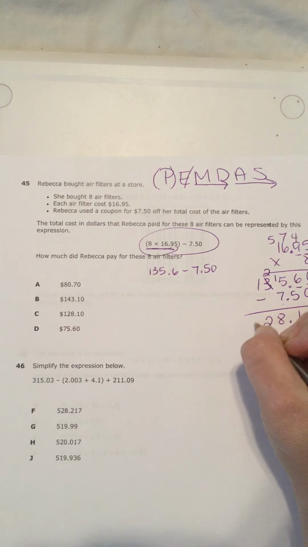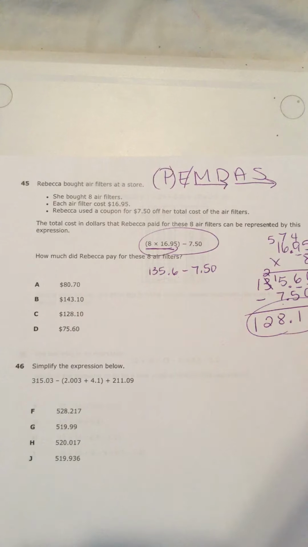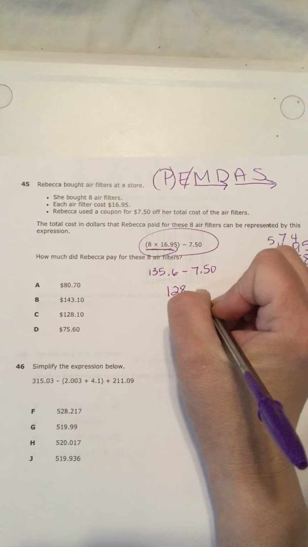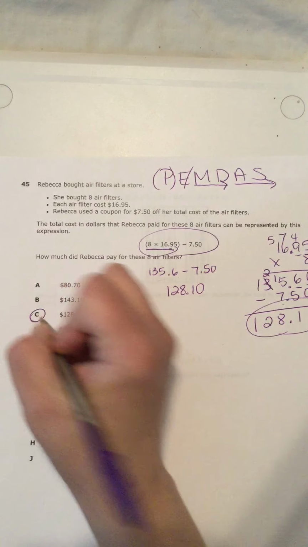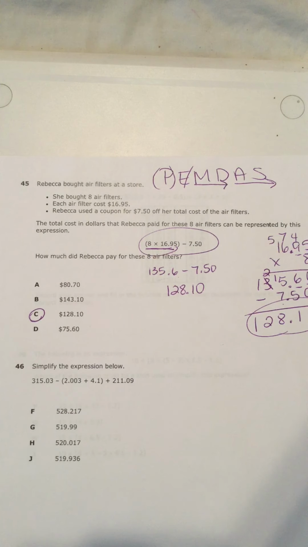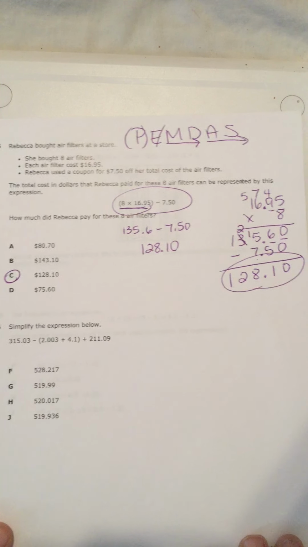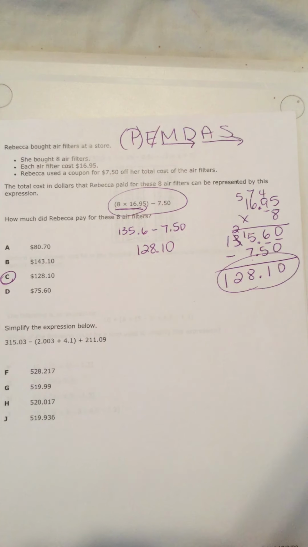Bring down my 2. Bring down my 1. 128.10. The answer was C. Sorry, there you go. Okay, got it? All right, next one.